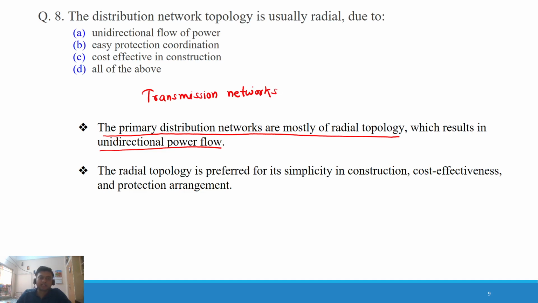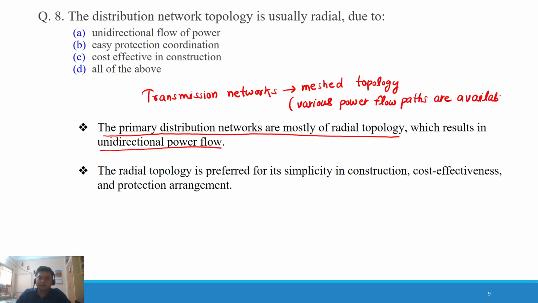Mesh means there are various power flow possibilities present. Mesh topology means various power flow paths are available, while in radial topology, unidirectional power flow happens.